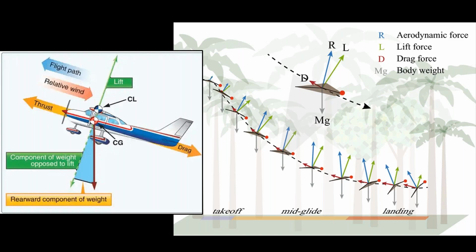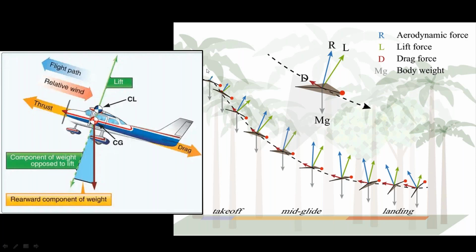So these animals are capable of aerial locomotion, either by powered flight or by gliding. Imagine here, these are the relative things for the aerodynamic forces.